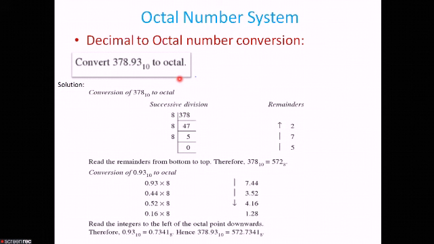To convert the given decimal integer number to octal, successively divide the given number by 8 till the quotient is 0. The last remainder is the MSD, that is the most significant digit. The remainders read upwards give the equivalent octal integer number.